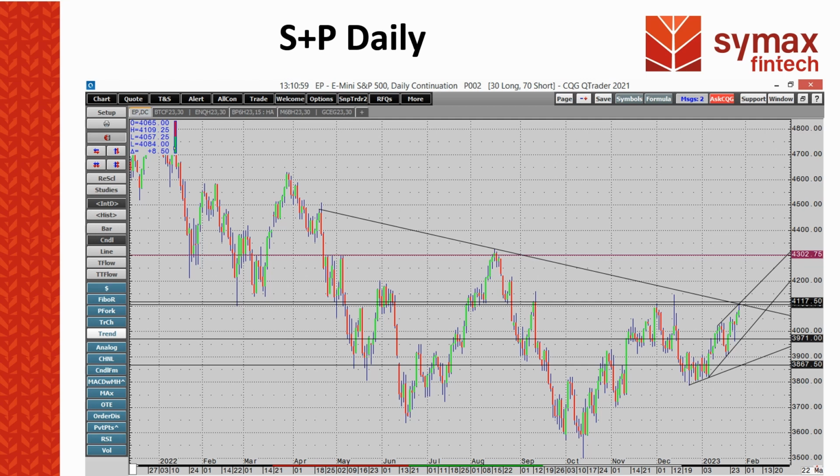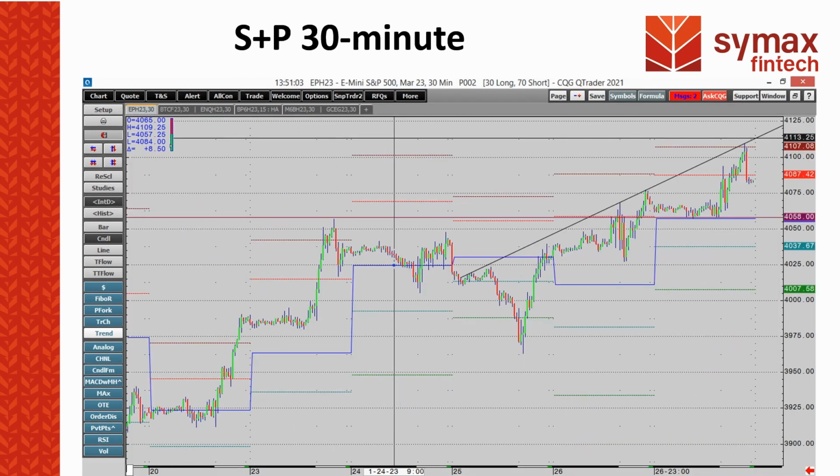Below the 43.02, I've got resistance at 41.17 and 41.06, and then support at 39.71 and 38.67. On the 30-minute, resistance is 4113 and support is 4058.